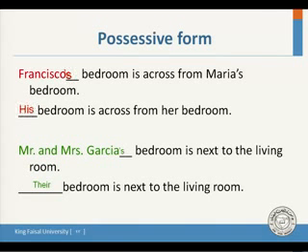Look at sentence 3. Mr. and Mrs. Garcia's bedroom is next to the living room. Okay? The possessive adjective is there, because we are talking about 2 people. Their bedroom is next to the living room.